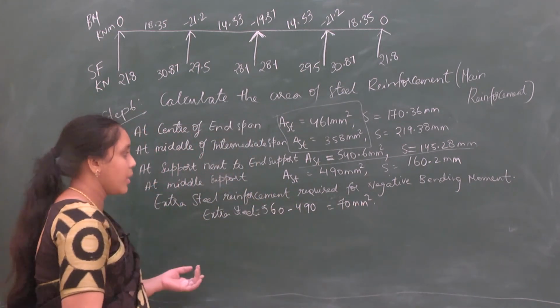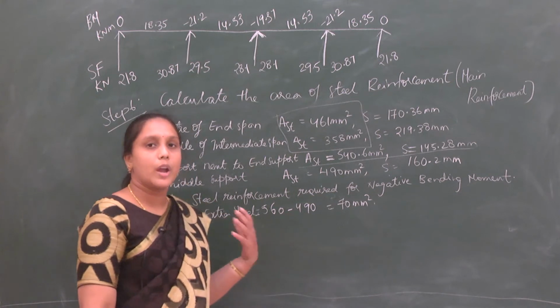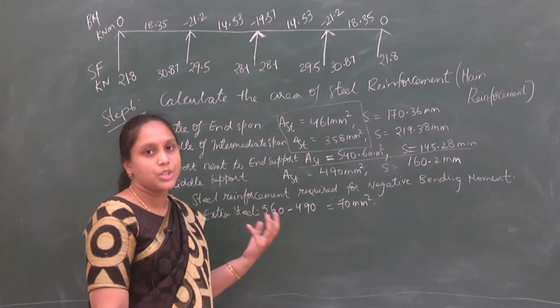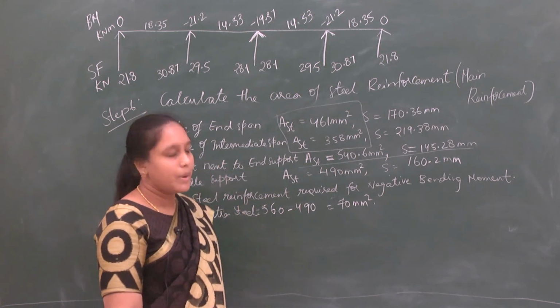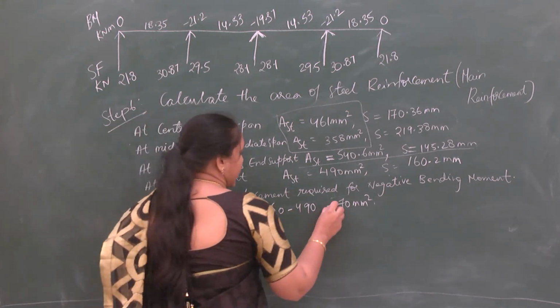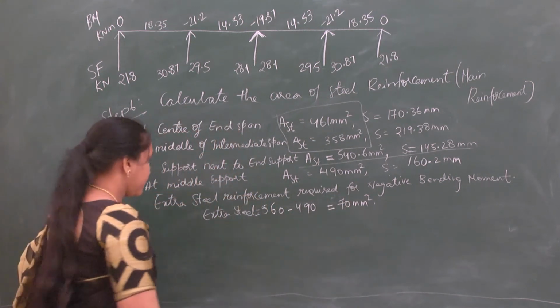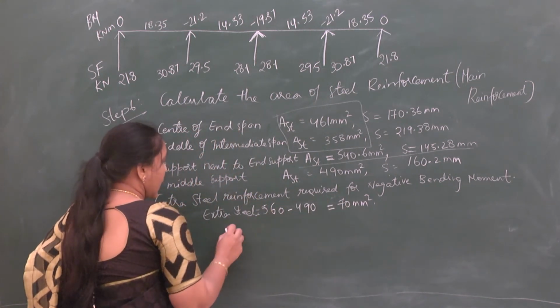So 70 mm square is the area of steel you have to provide at the top of the slab as extra reinforcement for negative bending moment, which is 70 mm square.